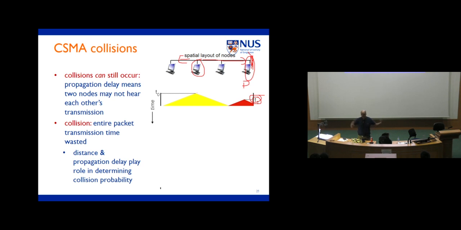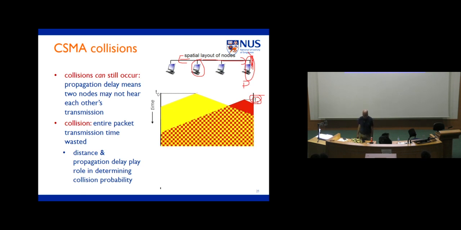But at some point, since both are transmitting, we will have a problem and there will be a collision. Right? And this is what is being shown. Now, the checkered pattern there is the part where signals from the two sources overlap. This is the time the last guy transmits.